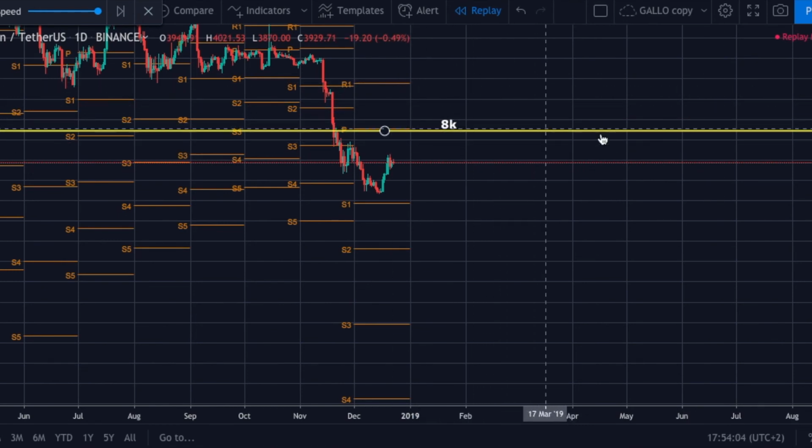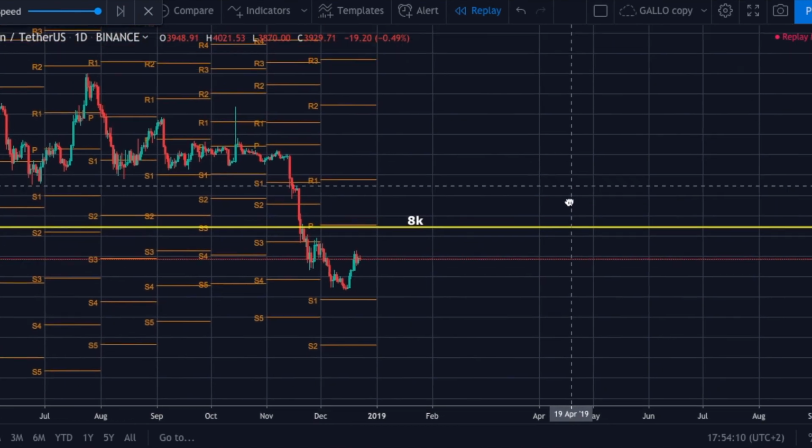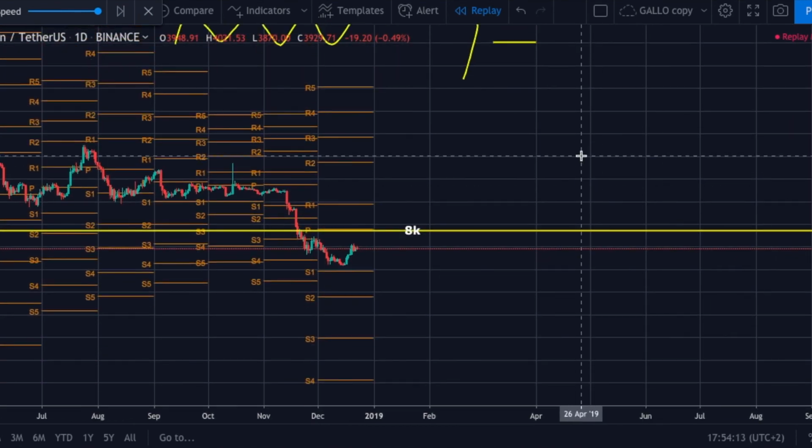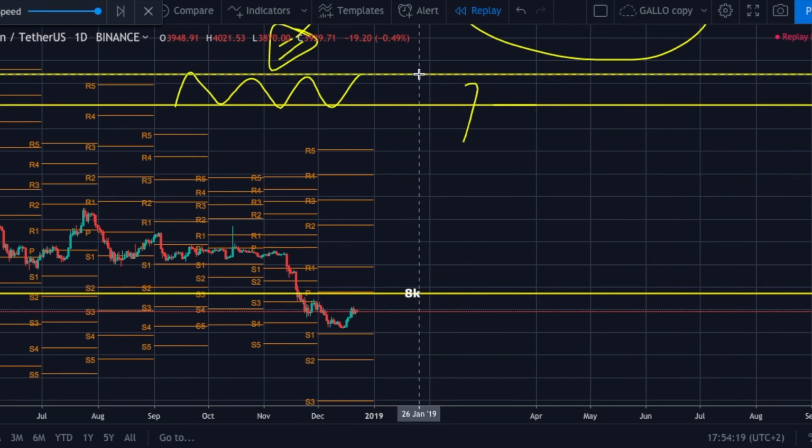What about the other 2Ks? As I said, I'm not gonna buy anymore. My target is still gonna be here. So from here to here, that's my target. So I have 8K bought at 4,800.